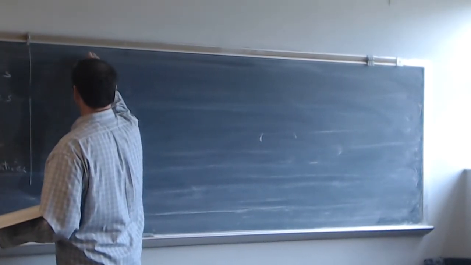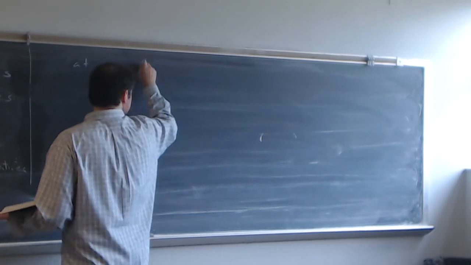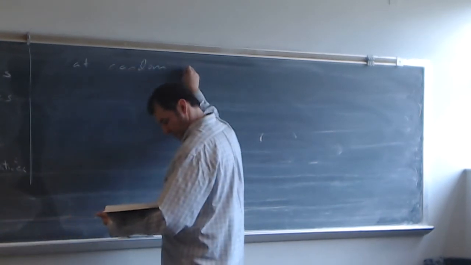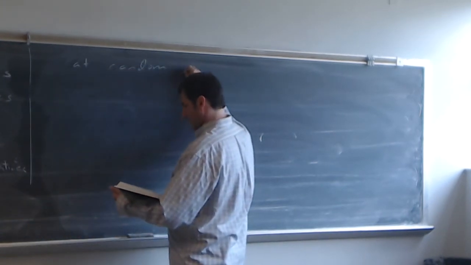At random. So a voter is chosen at random. Okay? And here's the question.